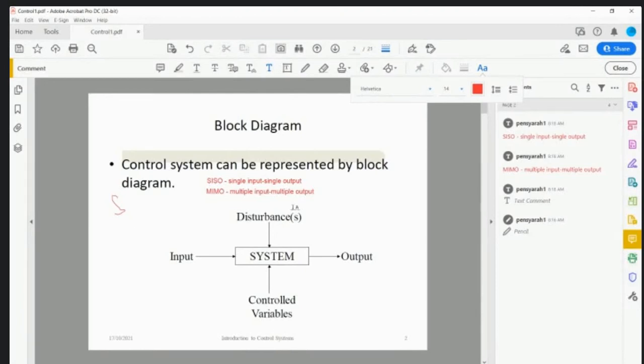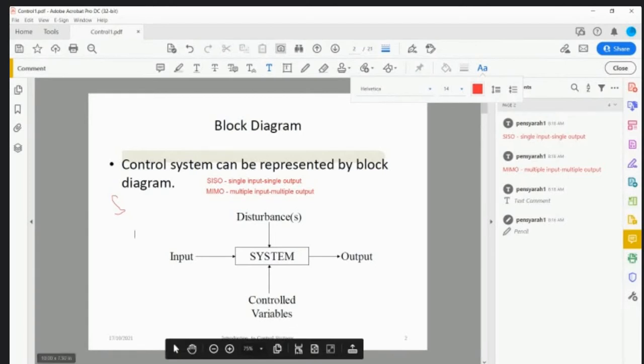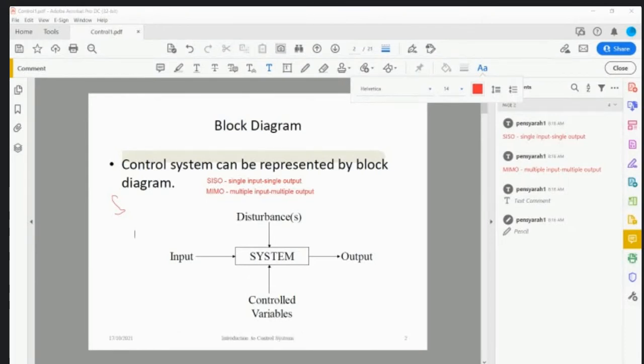So therefore you can see here, in the block diagram, you have input and output, one input and one output. Other than that, you also have a control variable. A control variable is something that we know will affect the performance of the system.